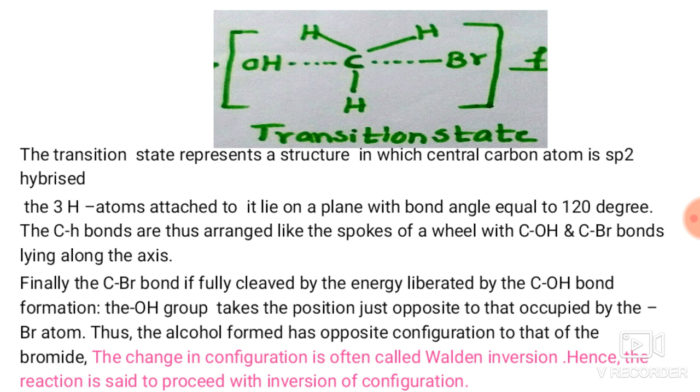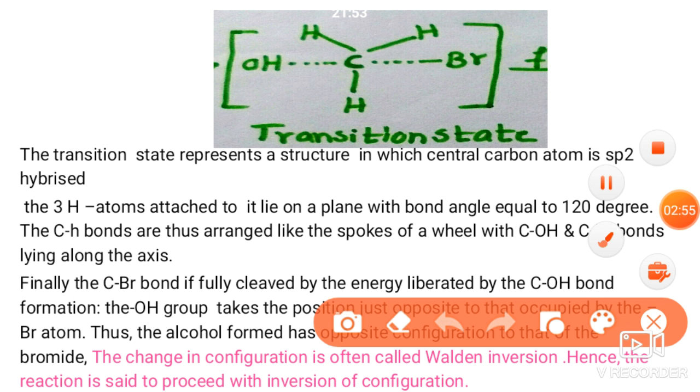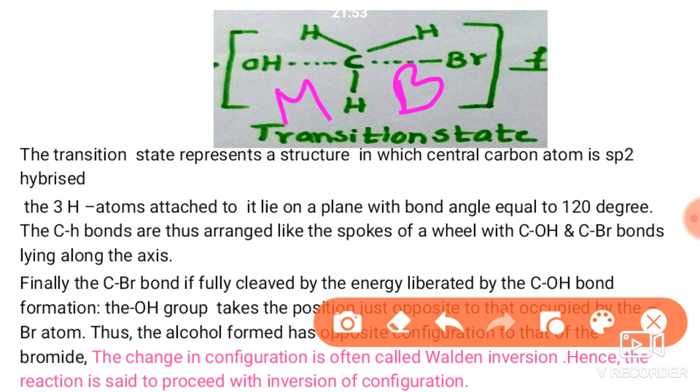The transition state represents a structure in which the central carbon atom is sp2 hybridized, because the partial bond breaking C-Br bond and partial bond making carbon-hydroxy bond show a partial double bond character. That's why the carbon atom is sp2 hybridized.